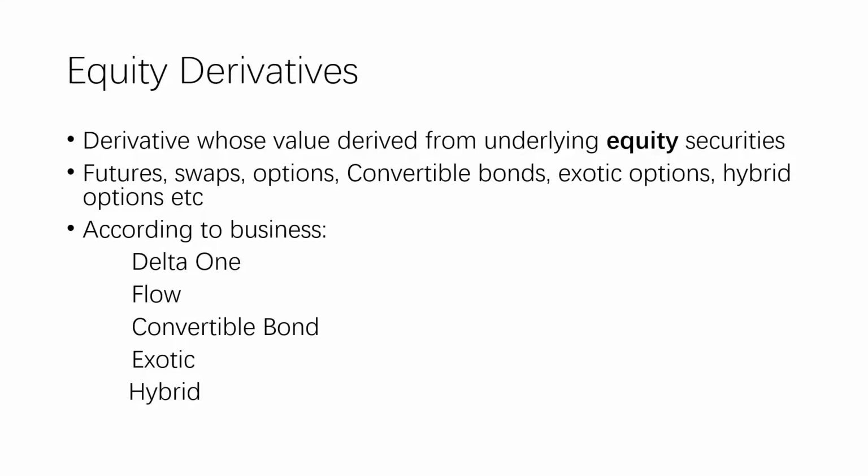For flow, it includes a lot of call, put options, American options. They constitute a large volume of the products the banks trade every day. So that's why they are called the flow business. And convertible bond, exotic. Exotic is a very important area for the derivative desk.